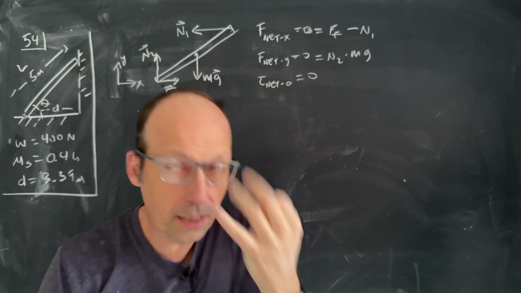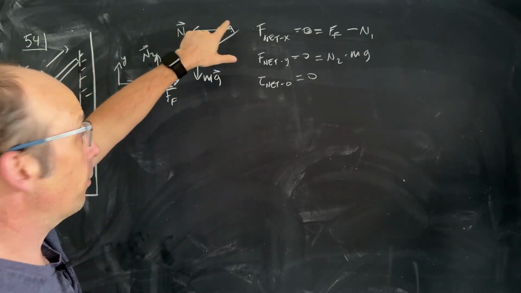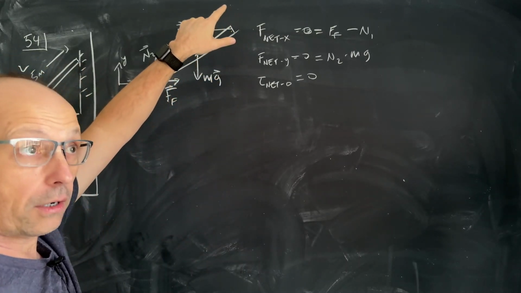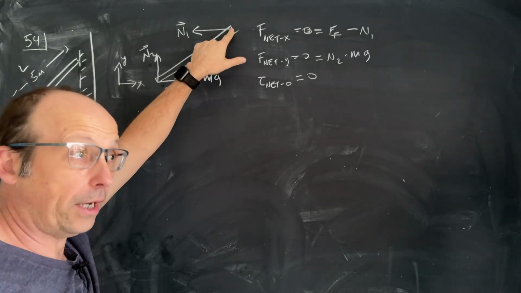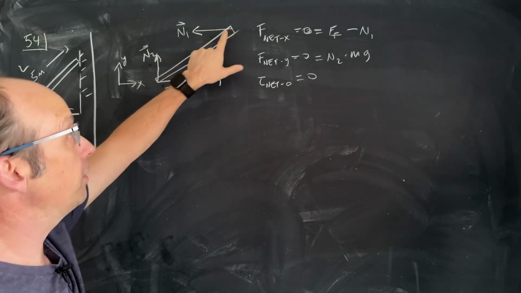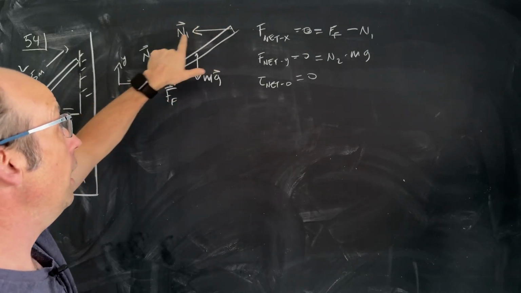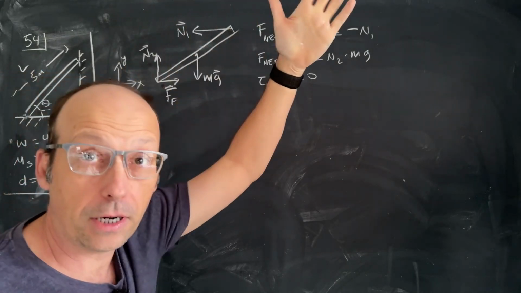Now, for the torque, I can pick whatever point I want. There's three locations we could consider. Remember that the torque is RF. And so right here, if I pick that as my torque point O, then R for this force is going to be 0. So this force is not going to have a torque, and the value of N1 will not be in that equation. Maybe that's a good idea.